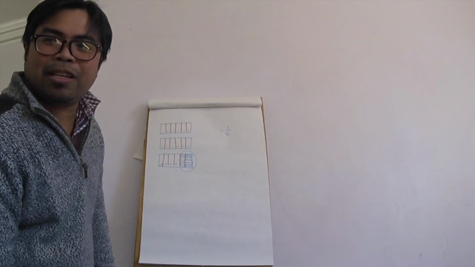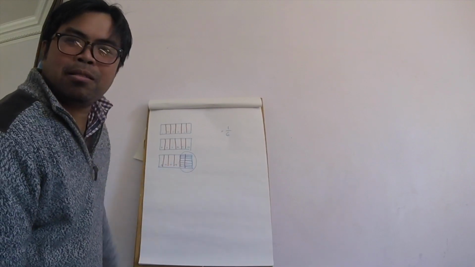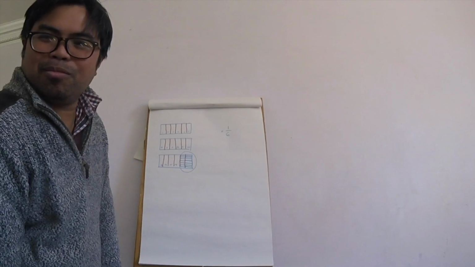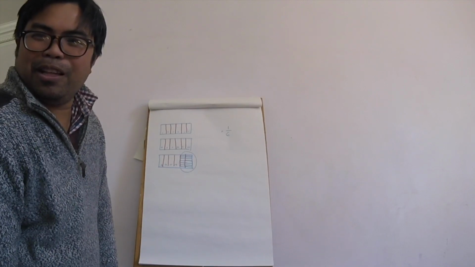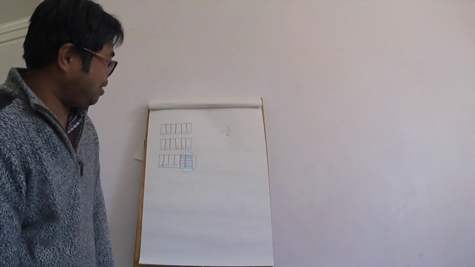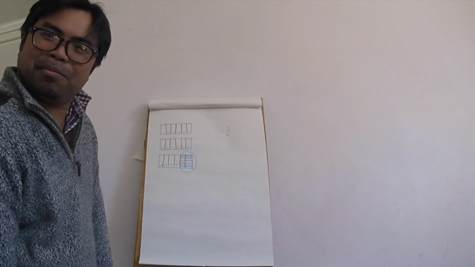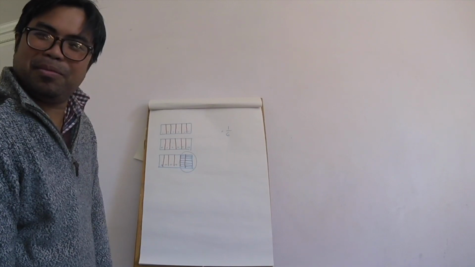Now the question is, what do you call each piece? 1/6 cut into 8. What do you call each piece? It's 1/6 divided by 8. It's 1/8? I'm not sure actually. I can't remember.